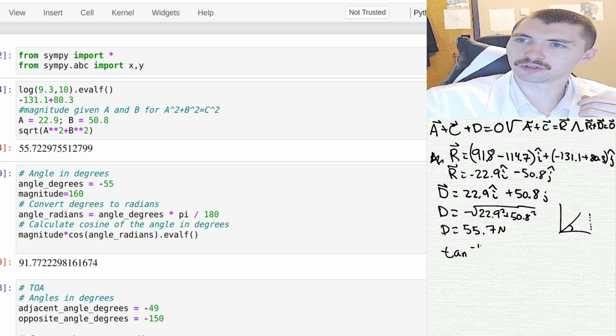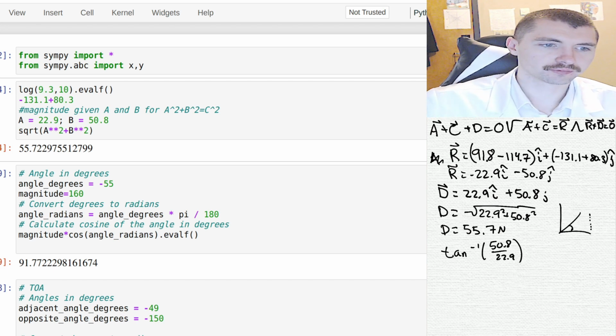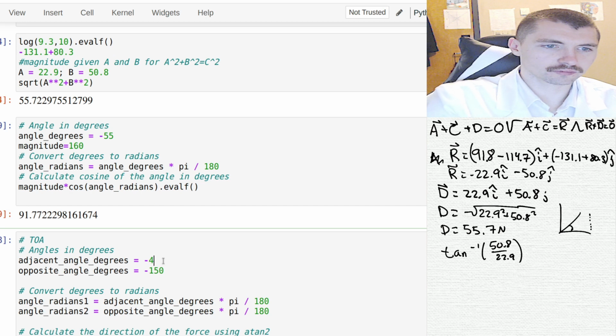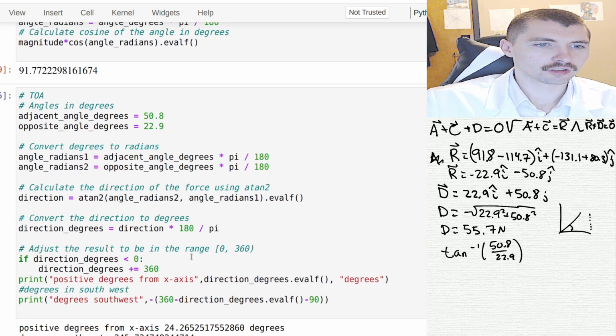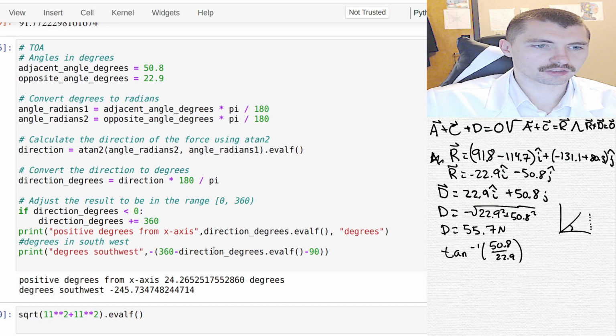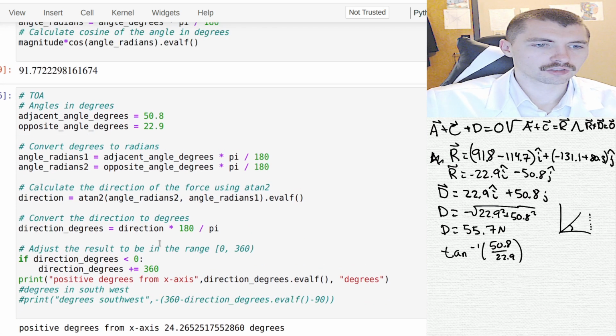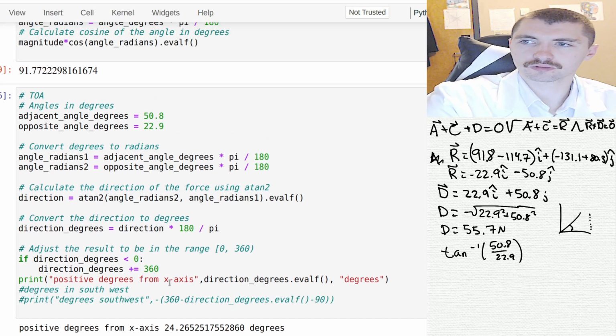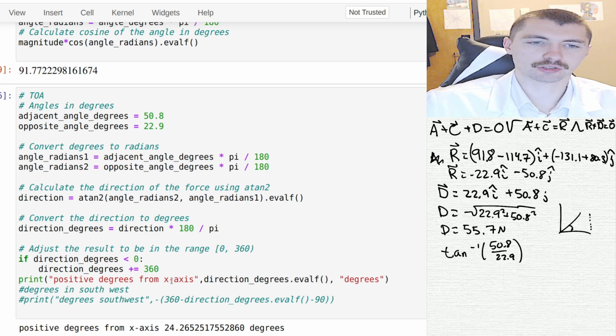So it would be y, so it would be 50.8 over 22.9. So we're getting 24 degrees. Sounds about right.